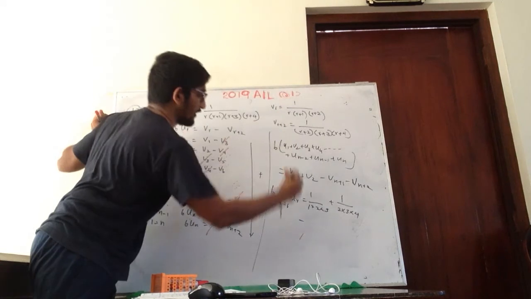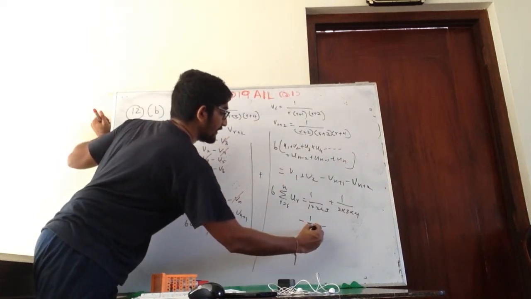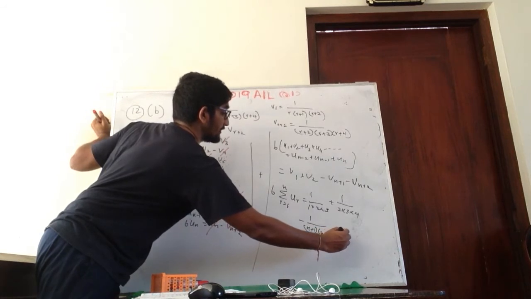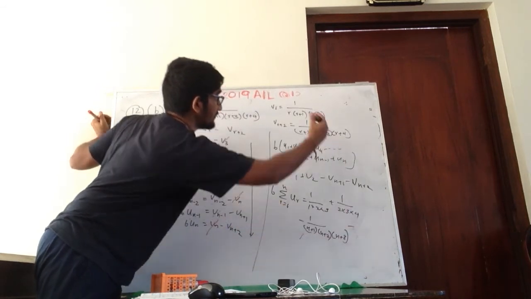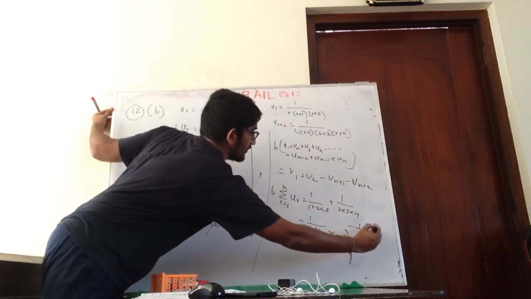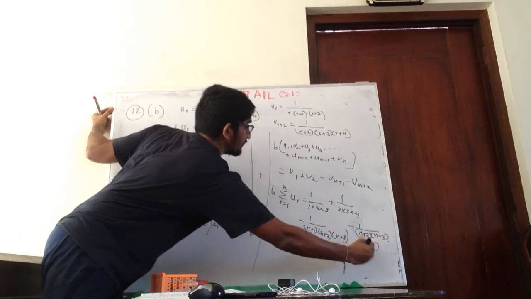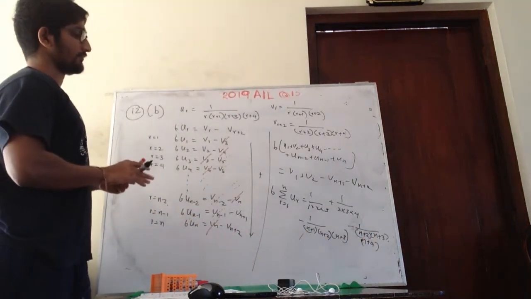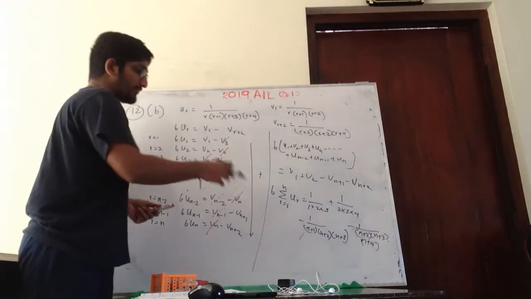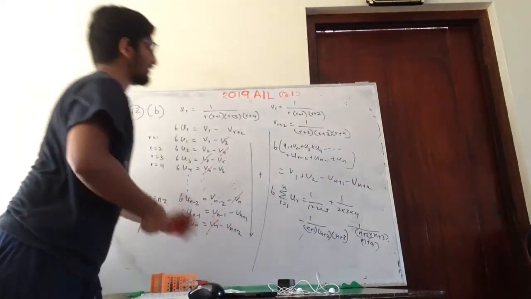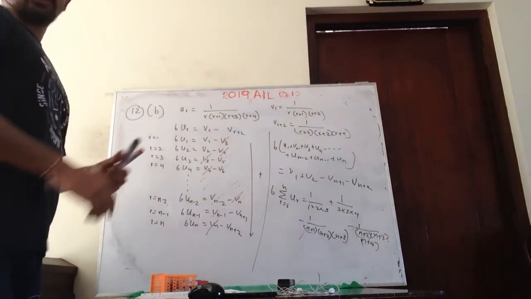So we have to put n plus 1 here: 1 over (n plus 2)(n plus 3), minus 1 over (n plus 3)(n plus 4). Right, so if we simplify this, we will get the answer. So let's simplify this afterwards.